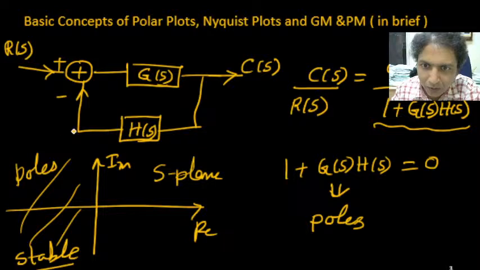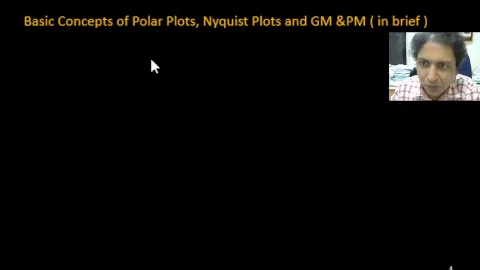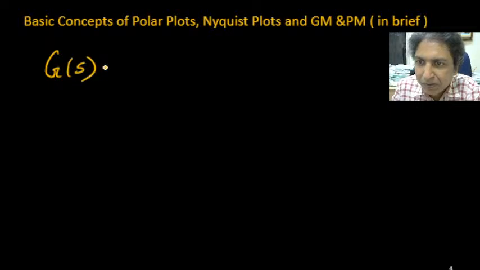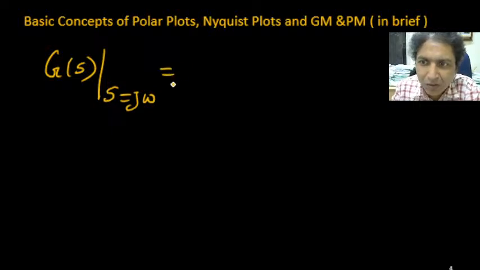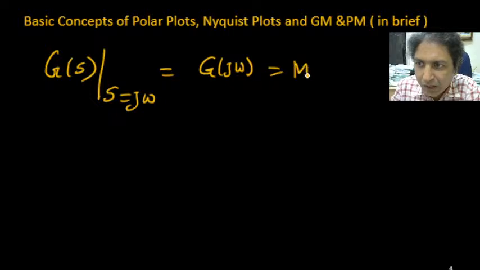So in polar plot, what you will do: G(s) is given. In G(s), first we replace s by j omega, we will get G(j omega), and this G(j omega) will have one magnitude and one angle or phase, right?